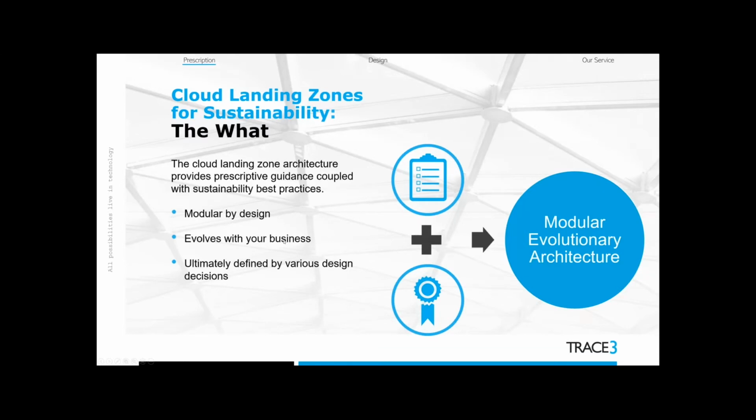Now, ultimately, the cloud landing zone architecture is designed around providing you very prescriptive guidance coupled with sustainability best practices, right? So we want to make sure that those landing zone capabilities are modular by design, because depending on the workload that you have, you might have different requirements. Maybe I dedicate one landing zone to IoT ingestion, right? So I need a certain amount of security for all of the streaming data that may be coming in.